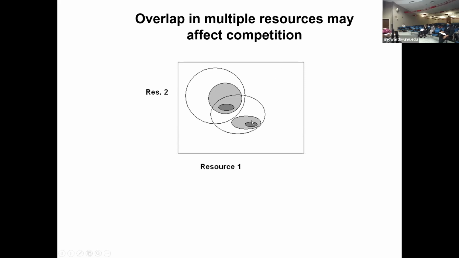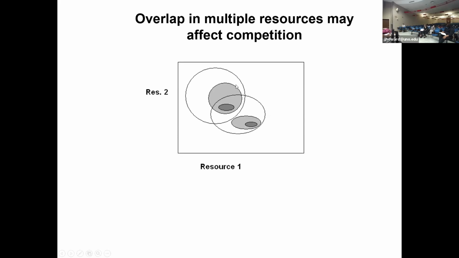If you consider the species on the lower right here, notice that its bullseye lies outside the types of resources that the other species use altogether. So there is no overlap between what this species likes and what this species might potentially use.